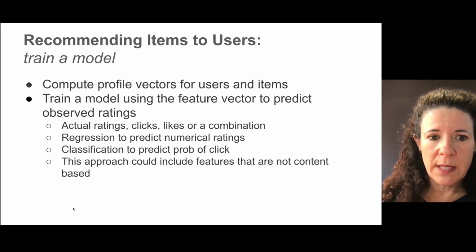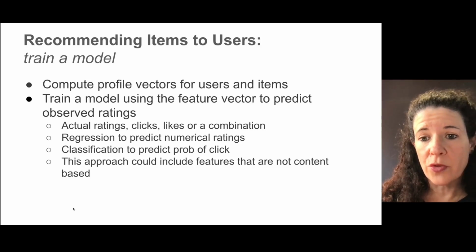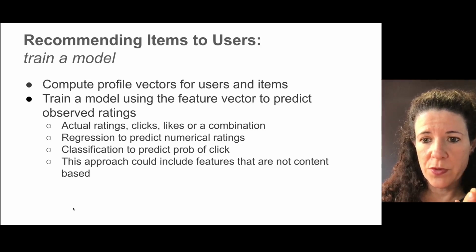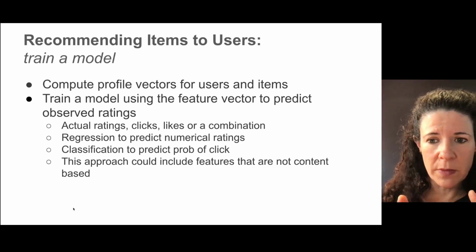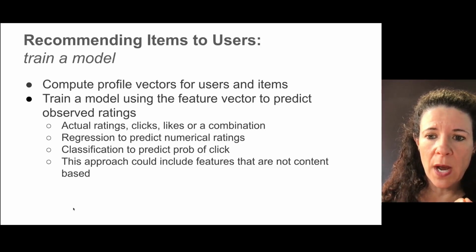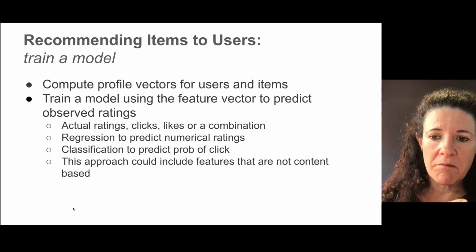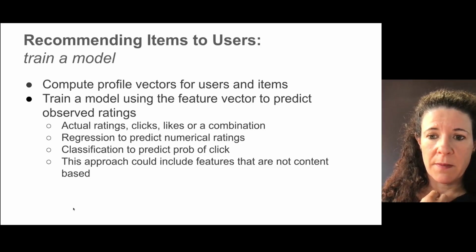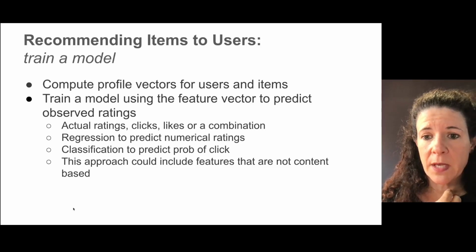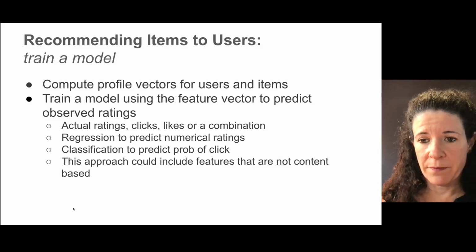Another possibility is that you train a model. Suppose that you have, for example, ratings. You have users rating different movies, and given an observation would be an item, a user, and a rating.